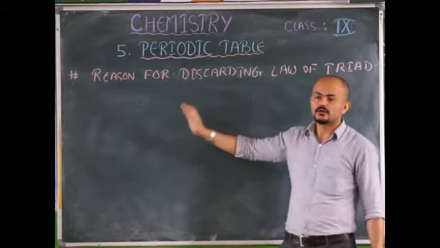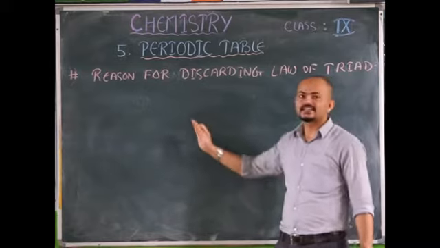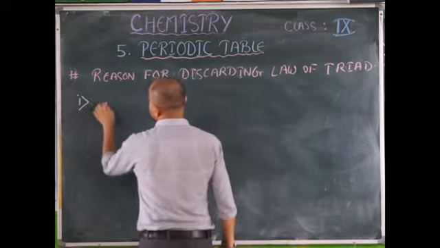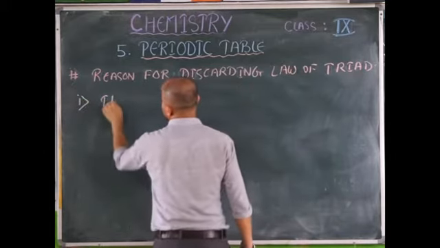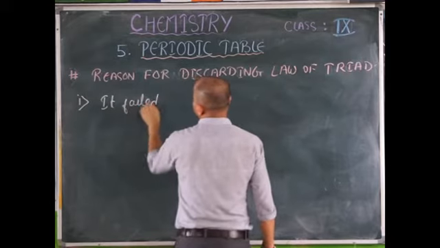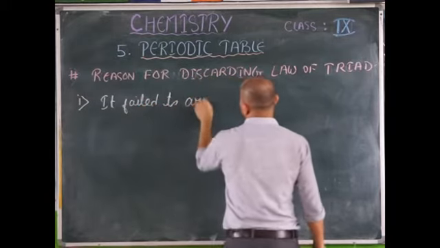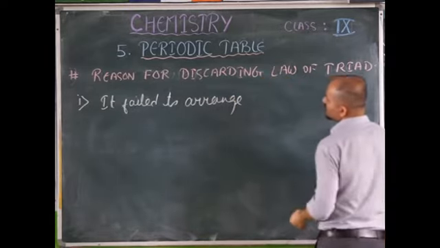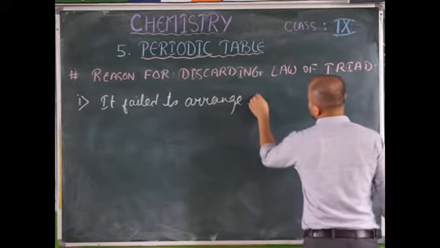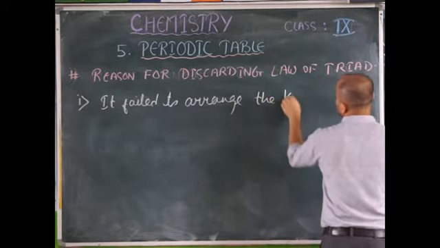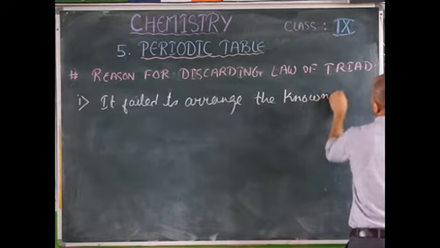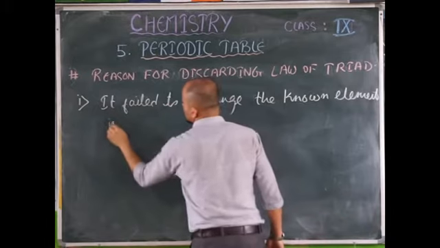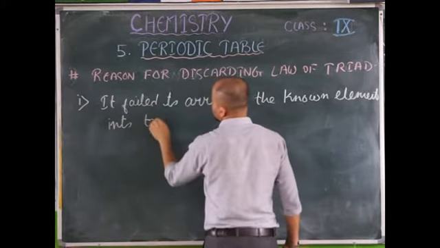It failed to arrange all the known elements at that time into triads. So the first point is, it failed to arrange the known elements into triads.